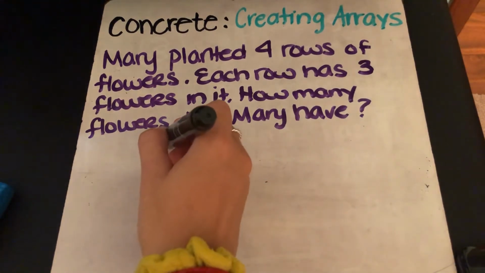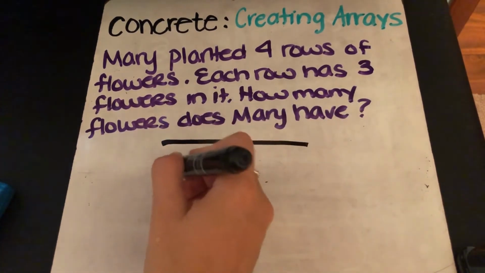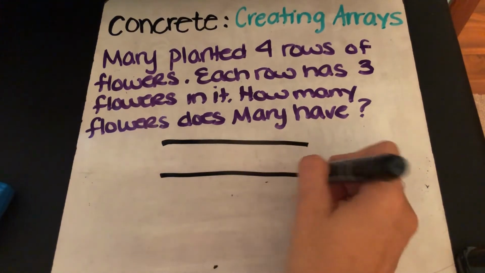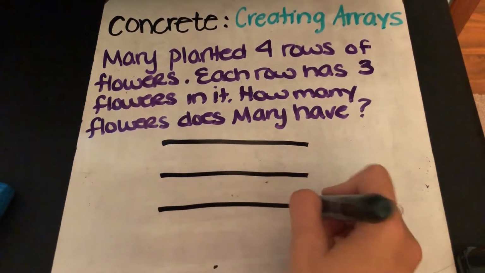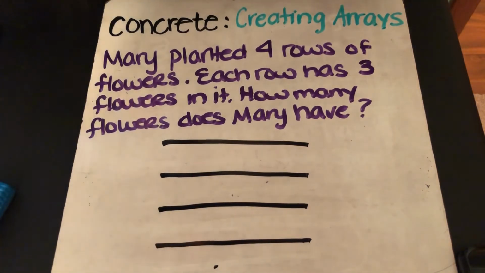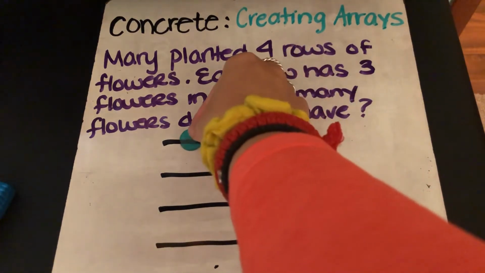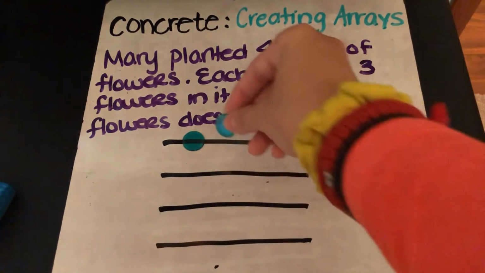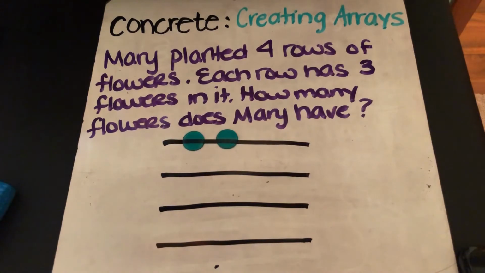So I'm just going to draw 4 horizontal lines to help me represent this picture that Mary is creating. So I have 4 rows, and I know that in each row there are 3 flowers. So I'm going to go ahead and use my counters to represent the flowers. So I'm going to put down 3 flowers in every row.